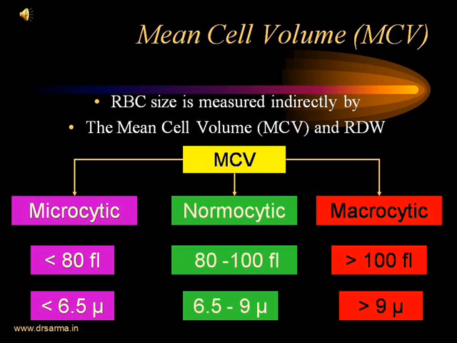So, microcytic means the MCV is less than 80 femtoliters. Normocytic means the MCV is 80 to 100 femtoliters, average being 90 femtoliters. And macrocytic means the MCV is more than 100 femtoliters. This is a very important classification for us to understand what is microcytosis, what is normocytosis and what is macrocytosis.